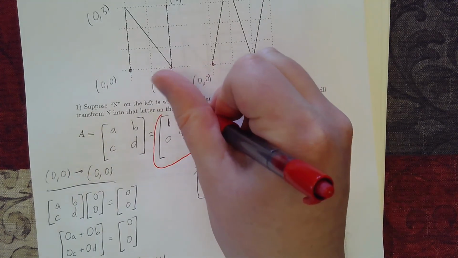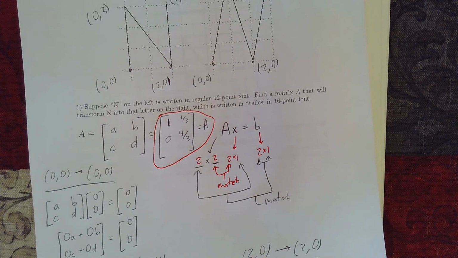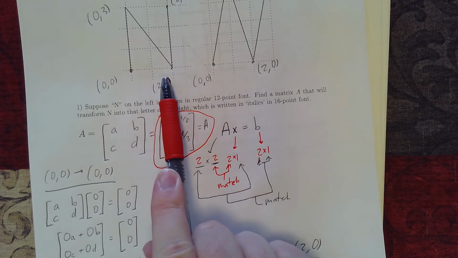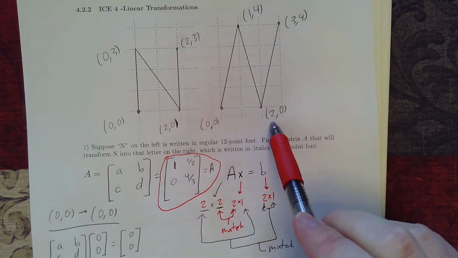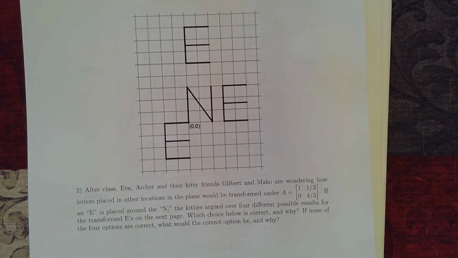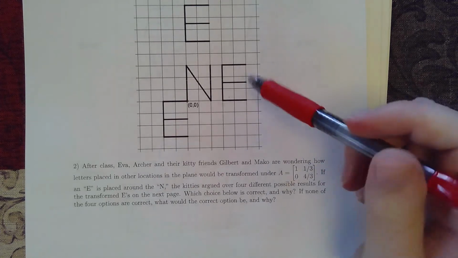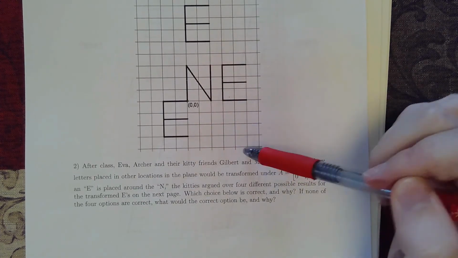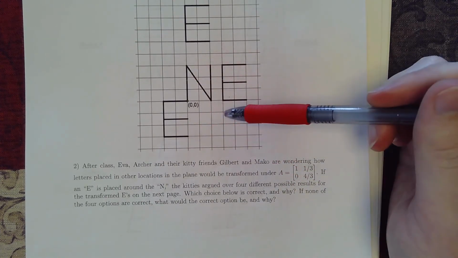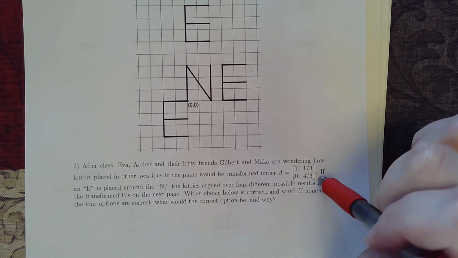Okay, now that we know what A is, we know how to go from some 12-point font to italic 16-point font. We want to use this information to transform this image with the same matrix.